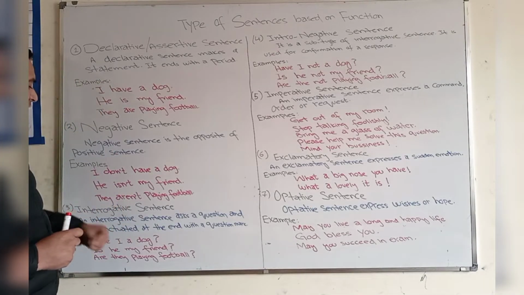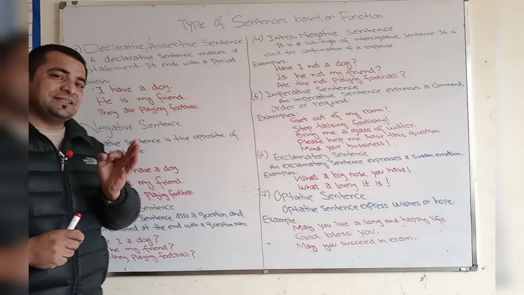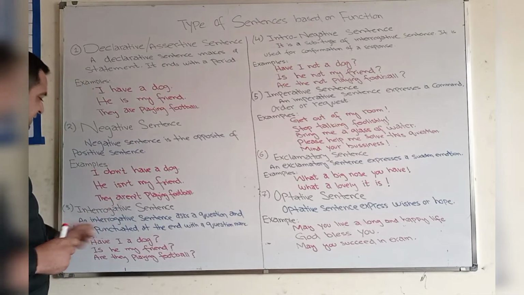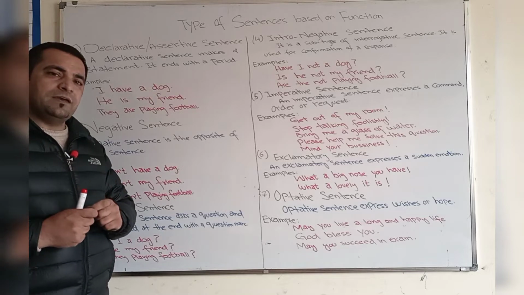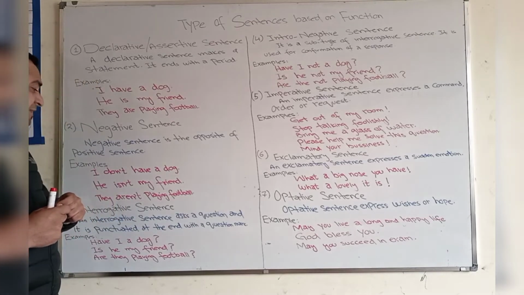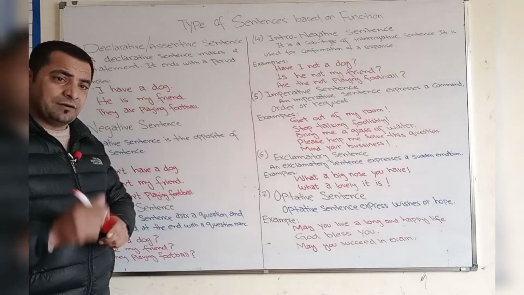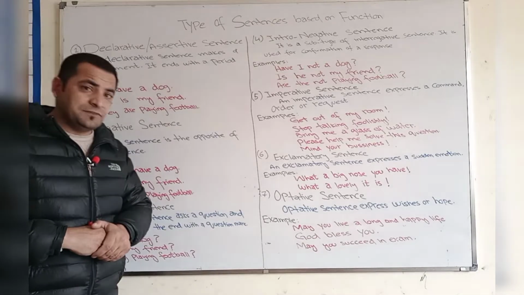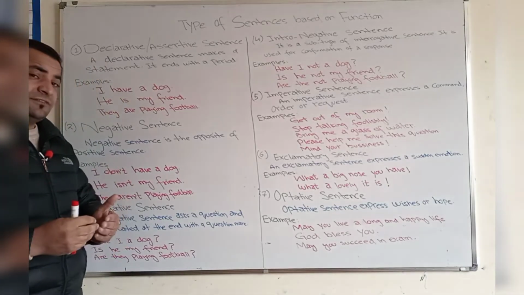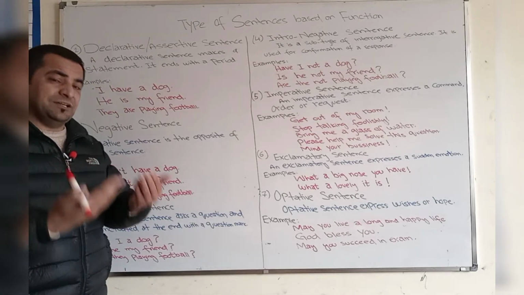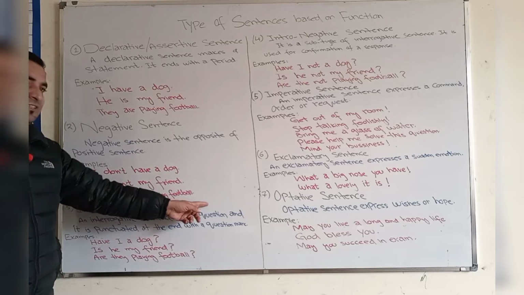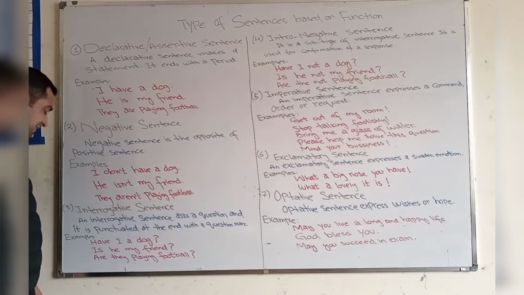An interrogative sentence asks a direct question and it is punctuated at the end with a question mark. So the question mark is mandatory at the end of the sentence. An interrogative sentence asks a question, and you could also name it a questioning sentence or a question sentence.